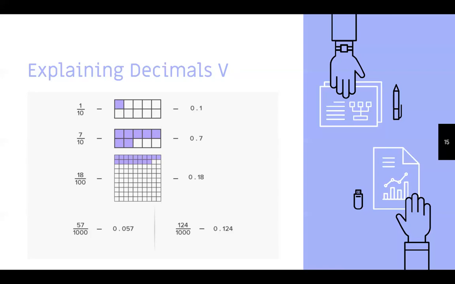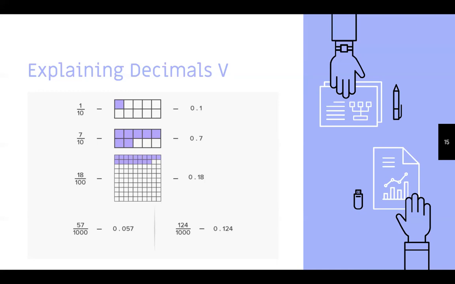Same goes for 7/10. Let's say I have 10 blocks, and they're all white, but I want to shade 7 of them purple, then I will paint 7 blocks. And then you can see the difference between the 7 shaded purple blocks and the 3 white blocks.